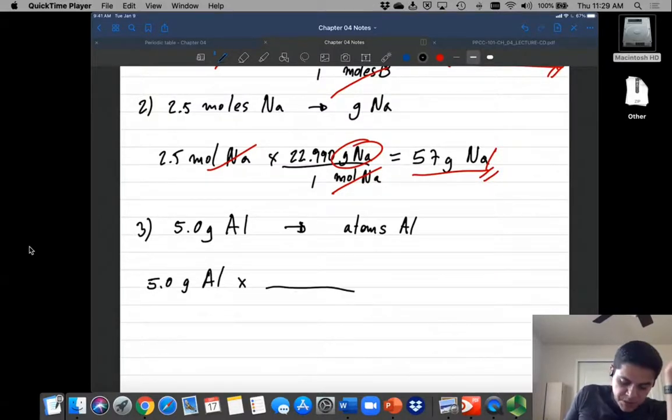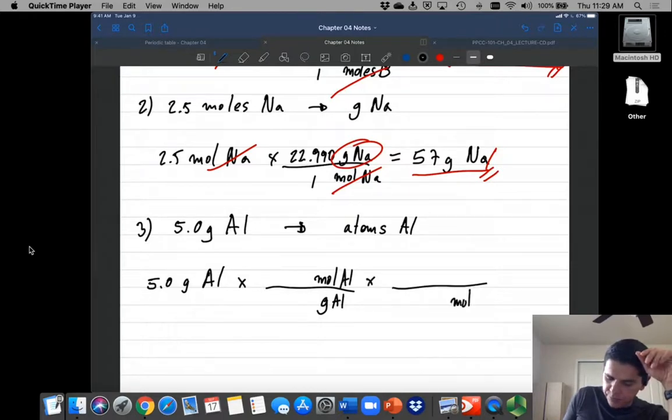And, I mean, it would be nice if we could go directly from grams of aluminum to atoms of aluminum, but we can't. We know that from grams we can go to, as you can see up here, moles. And then from the moles, we're going to be able to go finally to the atoms. Good.